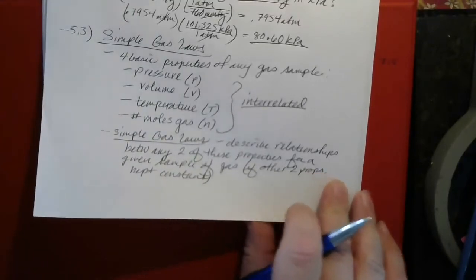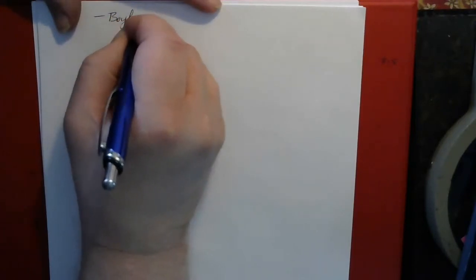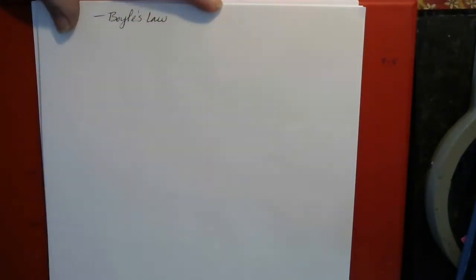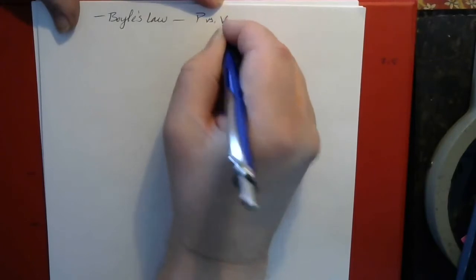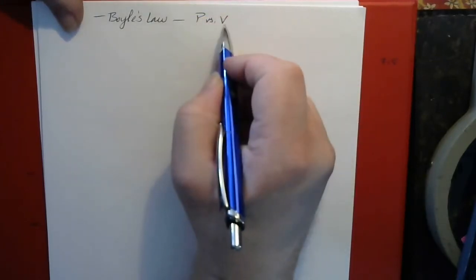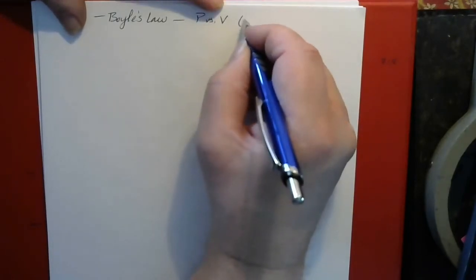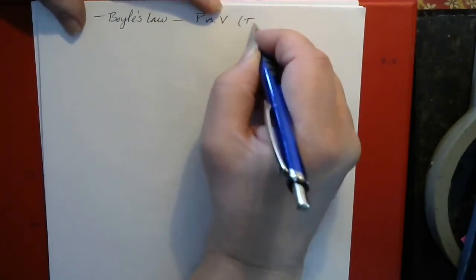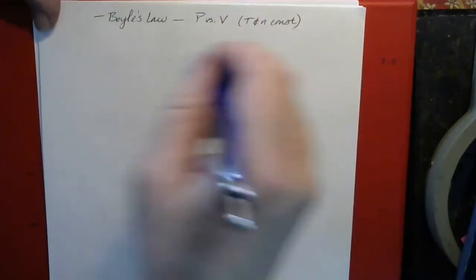There are several laws, or several simple gas laws. One of them is Boyle's law. And that will be about pressure versus volume when the other two properties, temperature and moles of gas, are not changing.